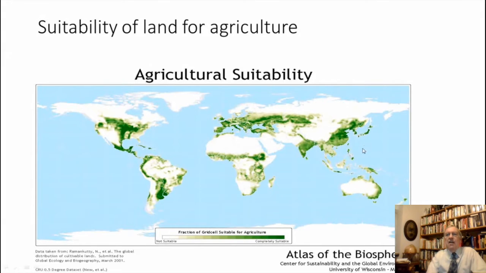And in a sense, this is one of those things where we don't want to mix cause and effect. I mean, we could say, well, isn't it a good thing that India, with almost 1 billion people, has a lot of good cropland, and China, with 1 billion people, also has a lot of good cropland. Because wow, how else will they feed those people? But of course, it's the reverse.